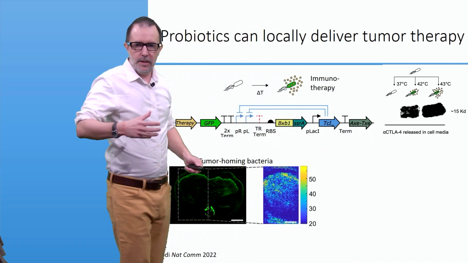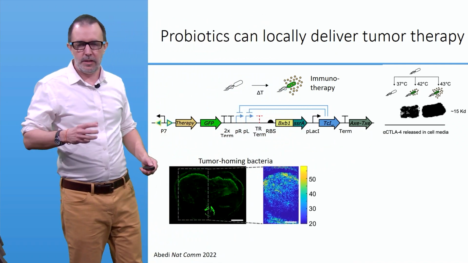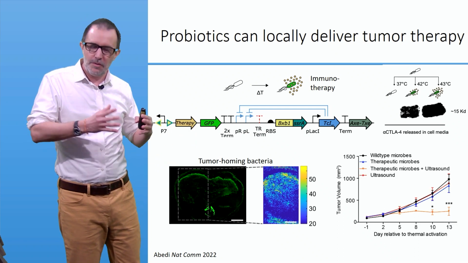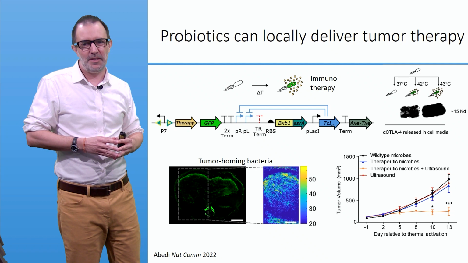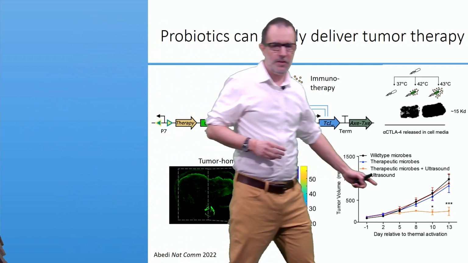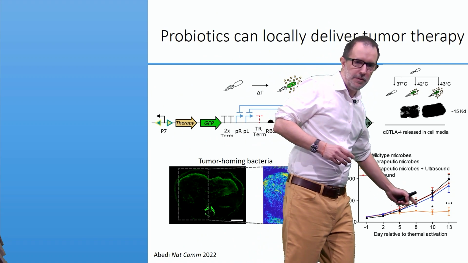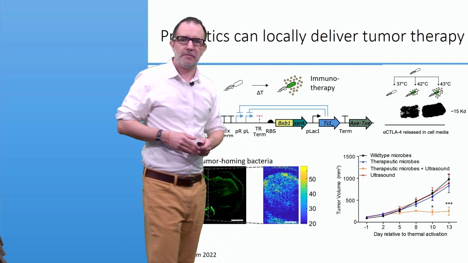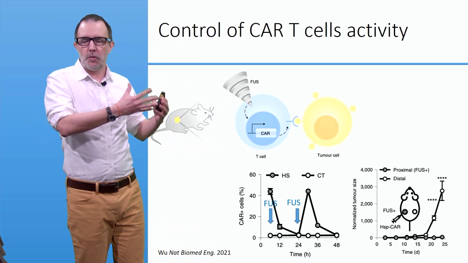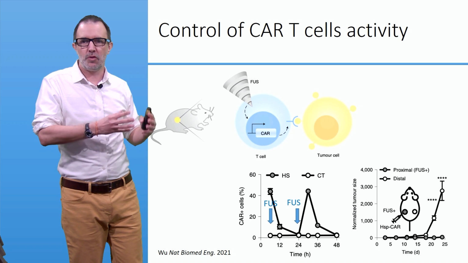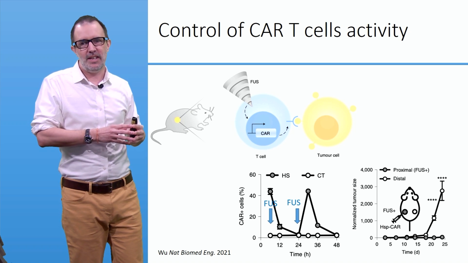We know that these bacteria are tumor homing, so they will accumulate in the tumors, and then all you have to do is to induce hyperthermia with ultrasound, and you can see that this will result in a very significantly improved tumor growth control. Second possibility is to use this approach to control CAR T cell activity.